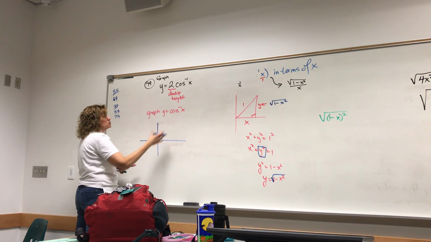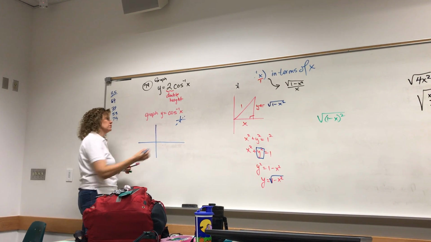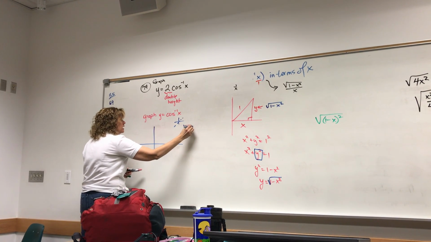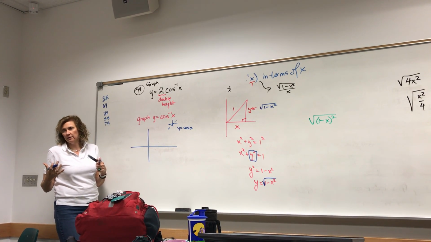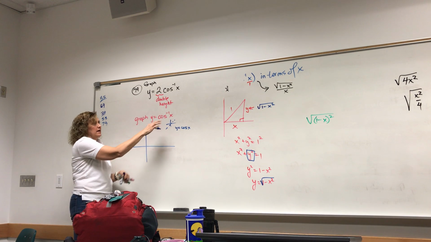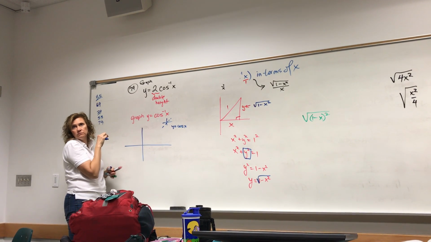The inverse cosine is reflected over the line y equals x. So if I graph y equals cosine first, get my restricted domain, and reflect it over that line, then I will have my red graph. Does that make sense?